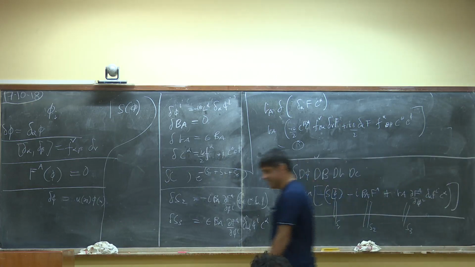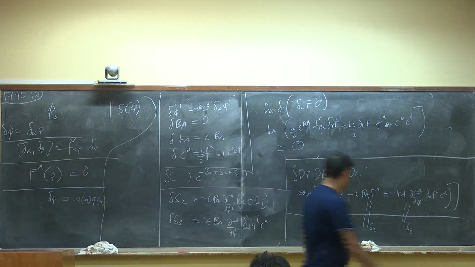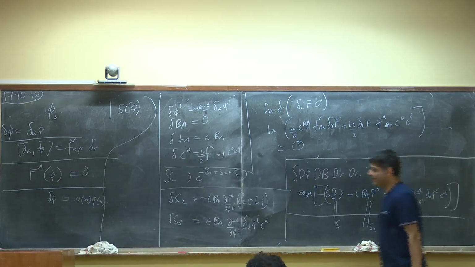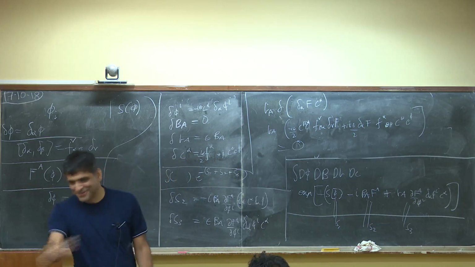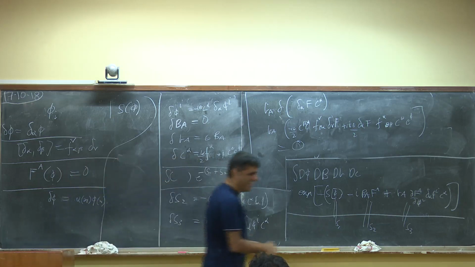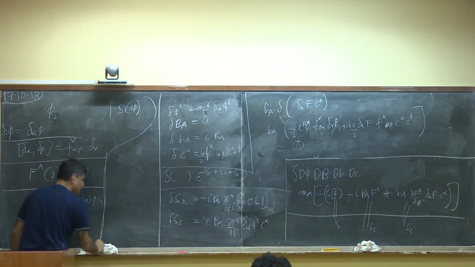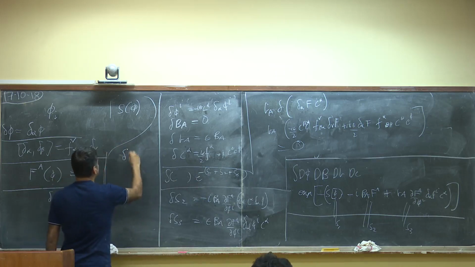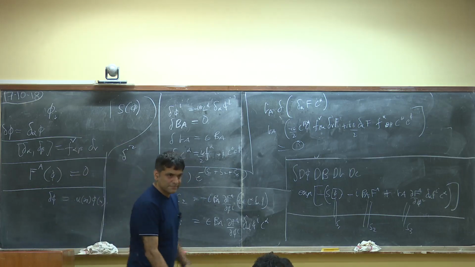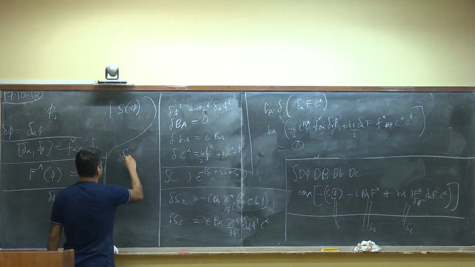Okay. Excellent. Now, the next thing I want to show, and I will leave it largely as an exercise for you. I'll do the path that Indranil was referring to, since we can use the Jacobi identity then. The next thing I want to check, just an algebraic exercise, is this remarkable fact. We will give a physical interpretation of it in a bit. The remarkable fact is that if you act with delta twice, suppose you act with delta with some epsilon 1, and then you act with delta with some epsilon 2.